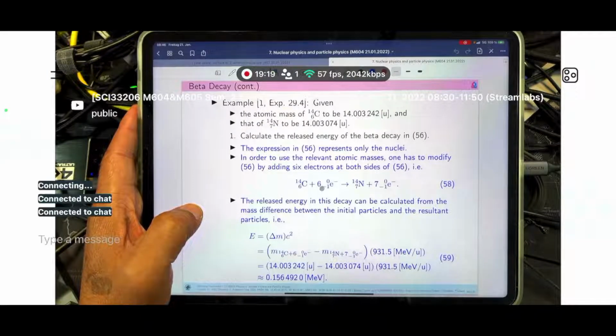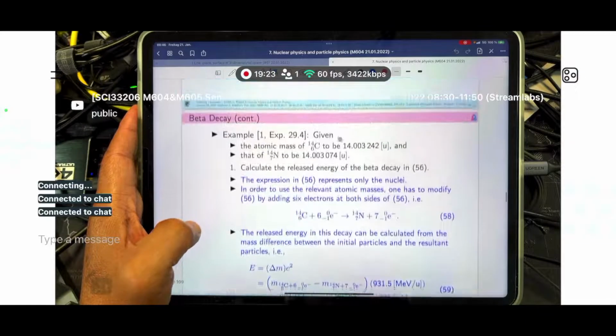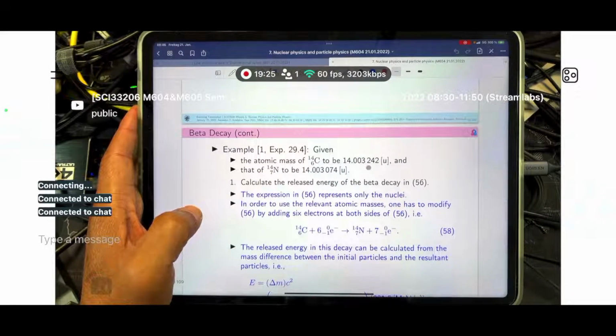Yes, let's go further in this problem. We consider carbon 14, beta decay. Carbon 14 has the atomic mass like this, 14.003. It's not exactly 14, because this is the atomic mass, but the mass number is going to be exactly 14.